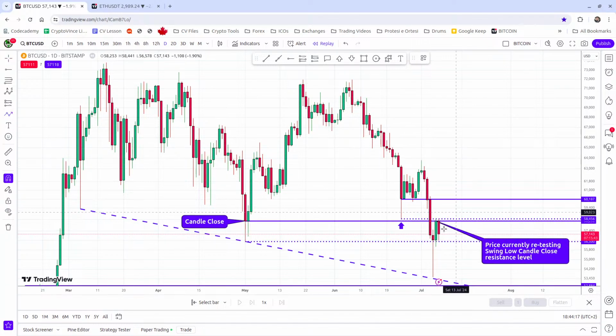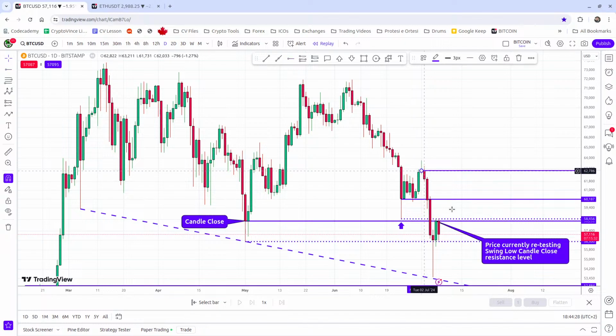So to call for a bullish reversal, we have to actually make a higher high and break the swing high. The swing high at this point is this one, and this is the level that we have to take in order to call this a bullish reversal.